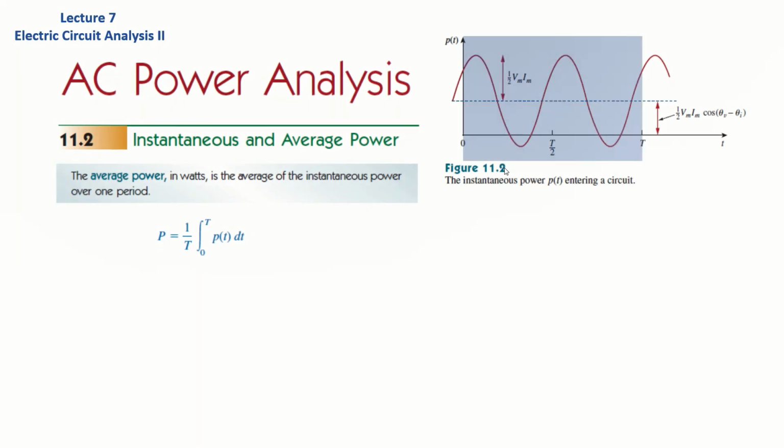So we want to compute the power that has been delivered by the source V of t or I of t in one period, right? So this is one period, 0 to T is one period.